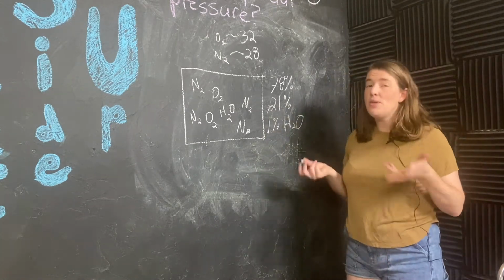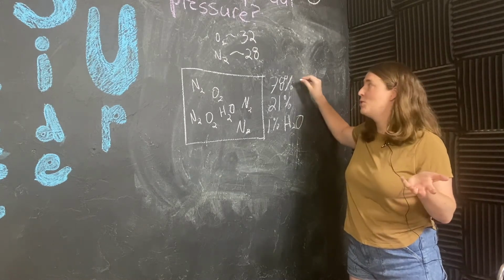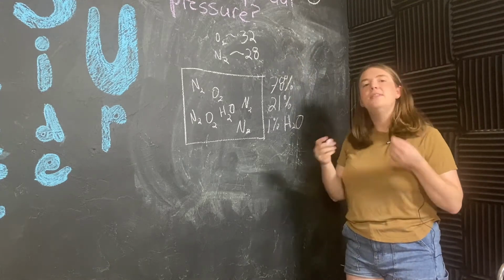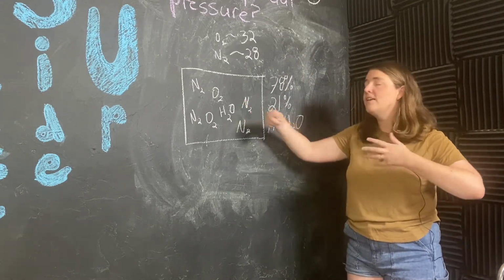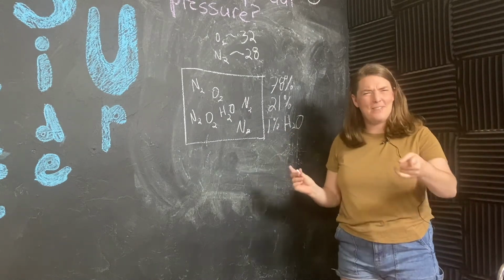So if I broke down the partial pressures, it's not going to be 78% of the pressure comes from nitrogen and 21% comes from oxygen. A little more of the weight of this air is coming from the oxygen than the percentages suggest. Hope that makes sense.